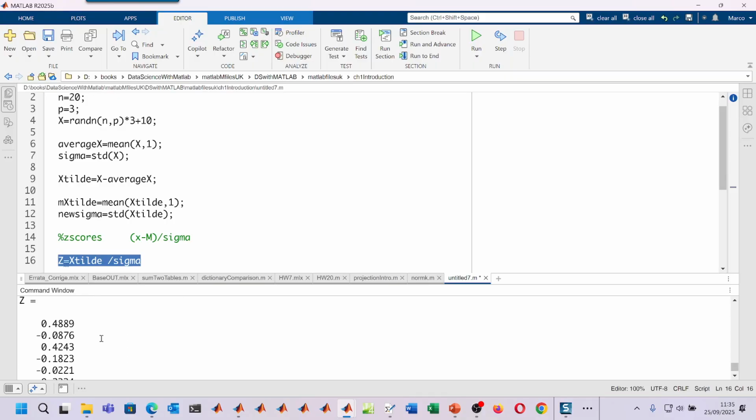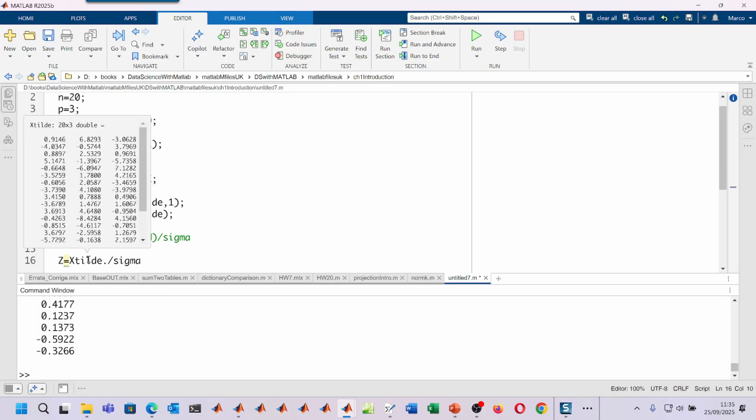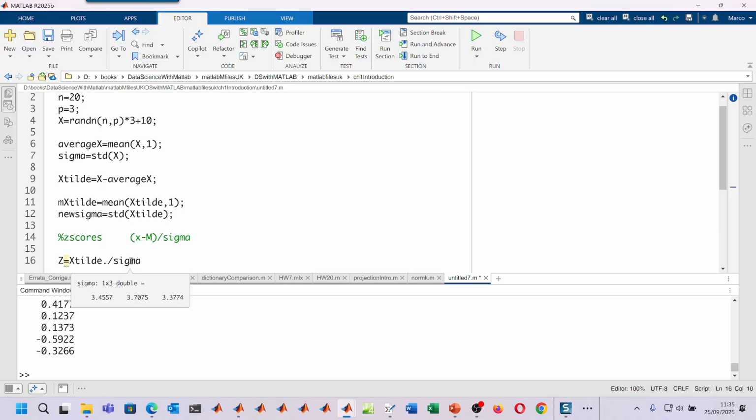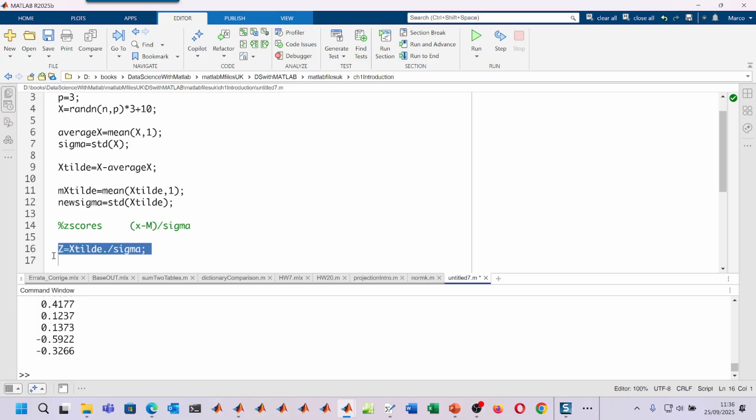Well, it has created a column vector. No, this is not what we want to do. We want division element by element. But sigma is 1 times 3 and this is 20 times 3, so it automatically expands sigma into a 20 times 3 matrix and does the job. Okay, so this is the Z scores.